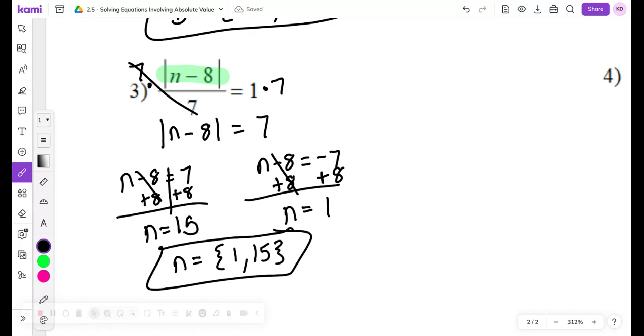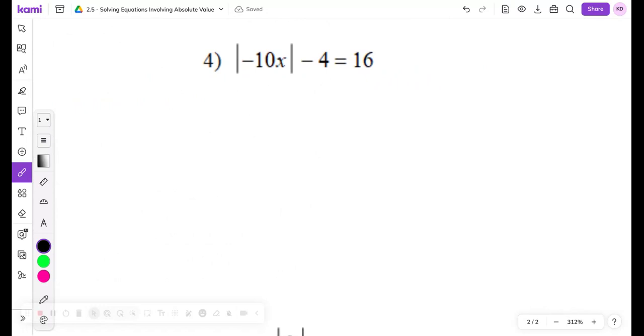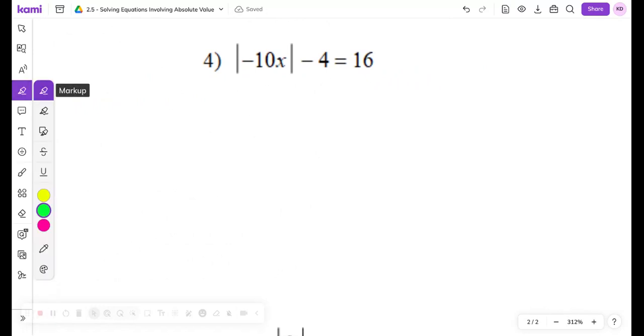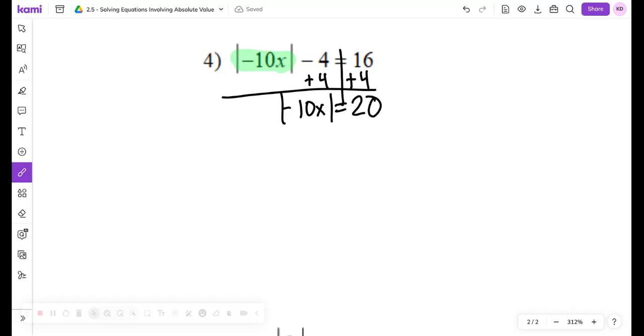Okay. Number 3. We'll look at number 4. All right, again, I need to isolate that absolute value. I cannot do anything until that is by itself. So I need to move this 4. Because it's a minus 4, I'm going to add 4. So I have a negative 10x inside my absolute value bars is equal to 20.